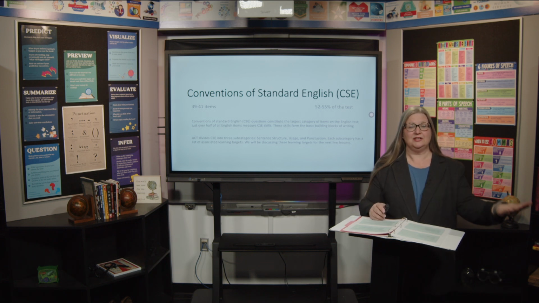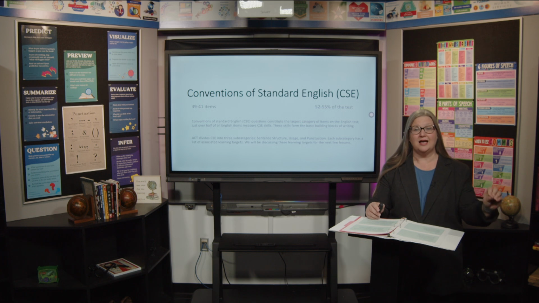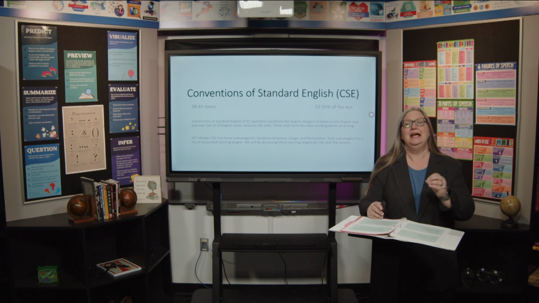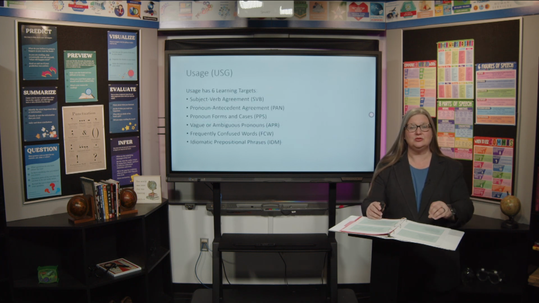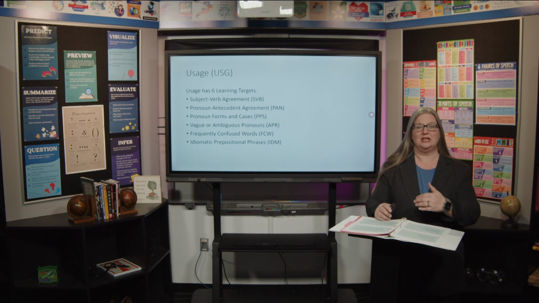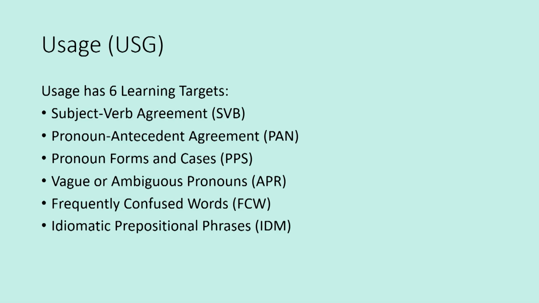We worked with sentence structure and we finished all of the sub-skills under sentence structure, and now we are working on our usage skills. Usage includes subject-verb agreement, pronoun antecedent agreement, pronoun forms and cases, vague or ambiguous pronouns, frequently confused words, as well as idiomatic prepositional phrases.